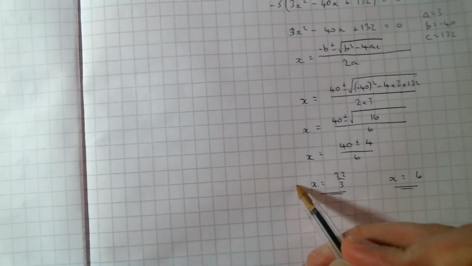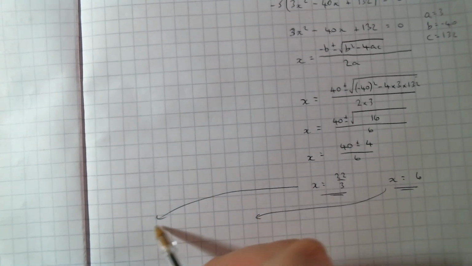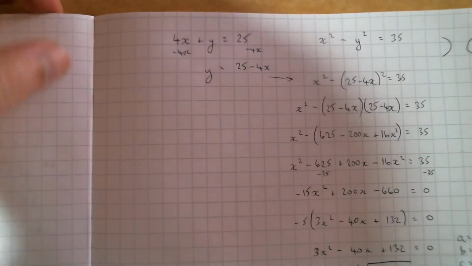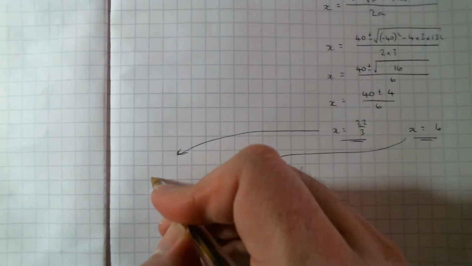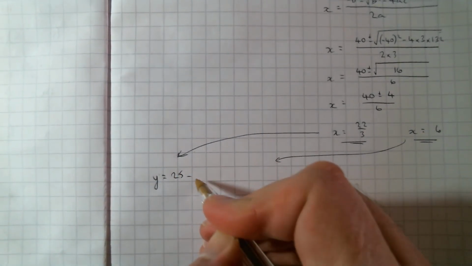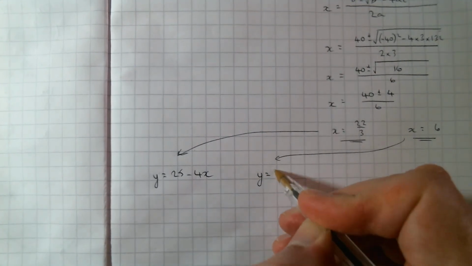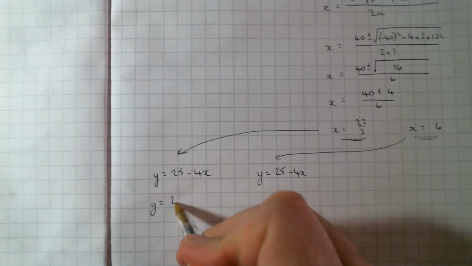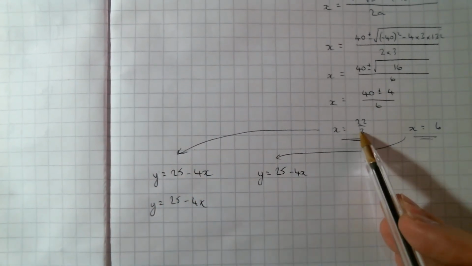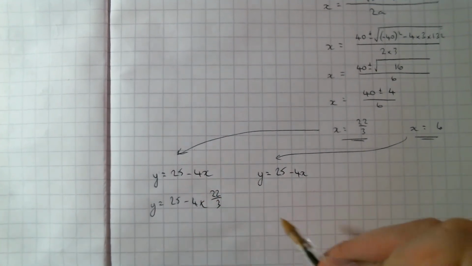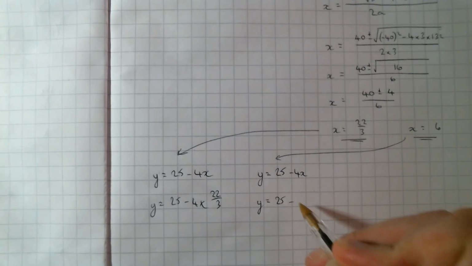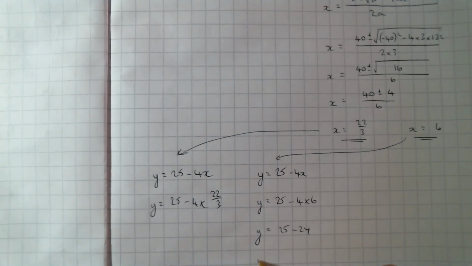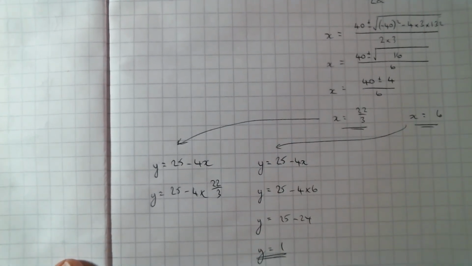We now bring this back over here. And we know from what we did at the beginning that y equals 25 minus 4x. So y equals 25 minus 4 times 22 thirds, and y equals 25 minus 4 times 6. That's easy. So y equals 1.